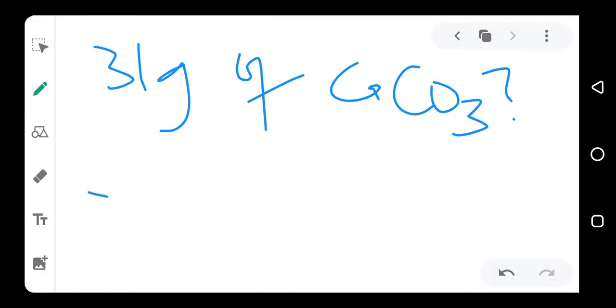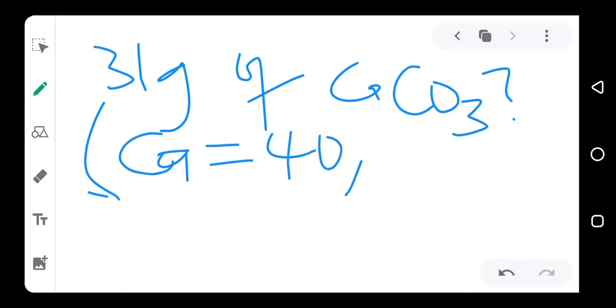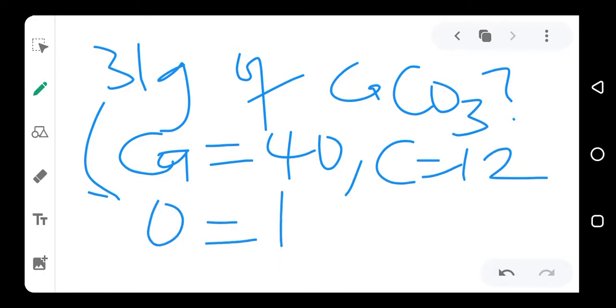We may be given the atomic masses of the atoms to ease our calculation. Calcium is 40, carbon is 12, and oxygen is 16. These are the atomic masses for the component atoms.